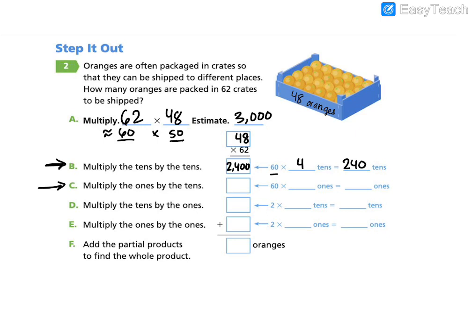Now we'll multiply the ones by the tens. Okay, so it's still talking about this tens here. Our 6 tens times our 8 ones. So 60 times 8 ones, 6 tens times 8 ones is equal to 48 tens or 480 ones.